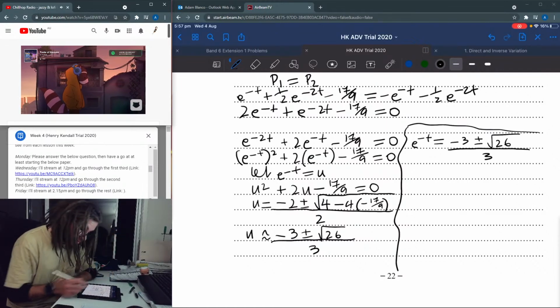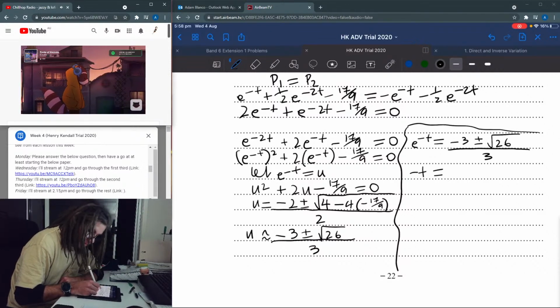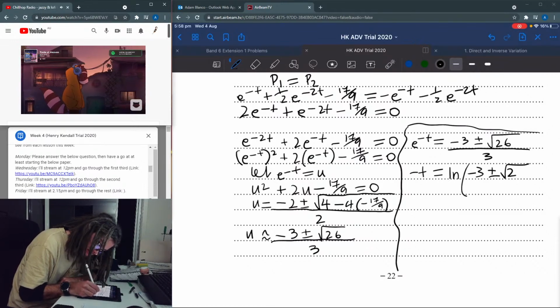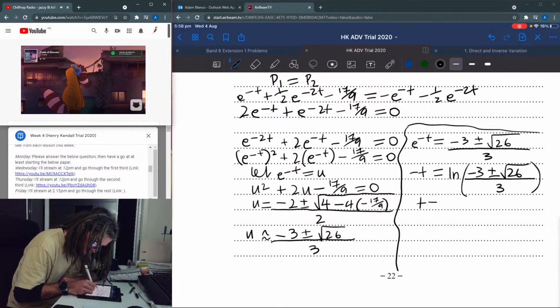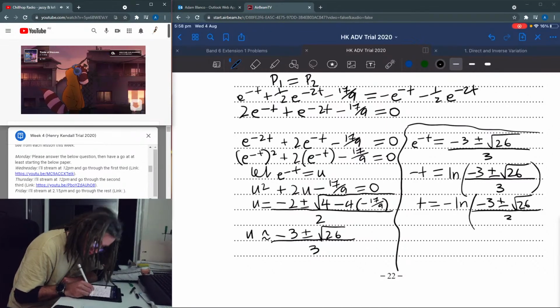Still need to get t by itself, so I'll take the log of both sides. That'll bring the minus t down. Log of minus 3 plus, this question's messed up. And then t equals minus 1 minus 3 plus or minus root 26 on 3.